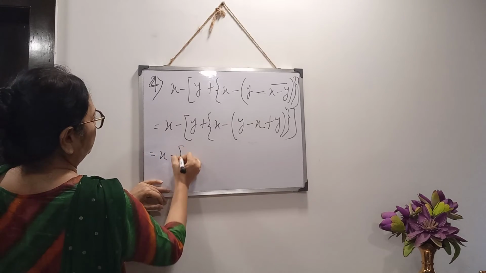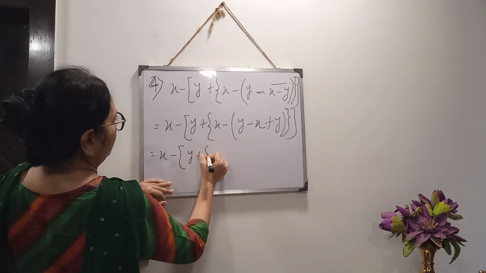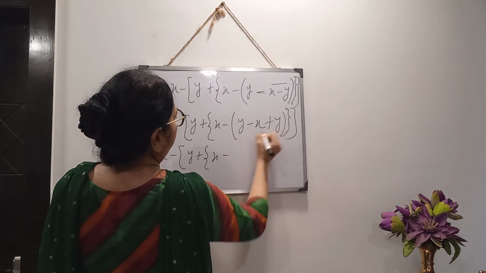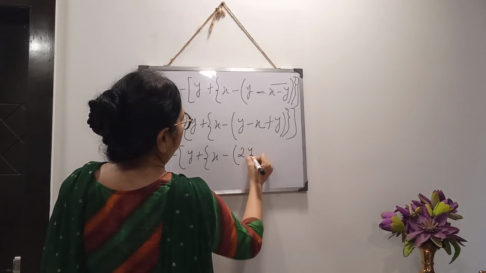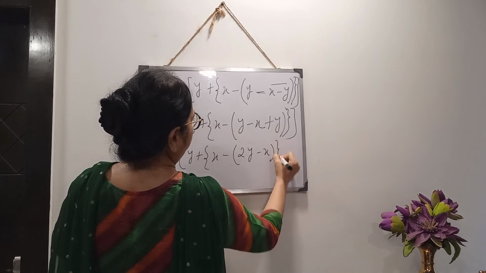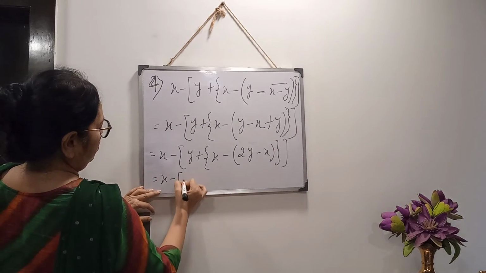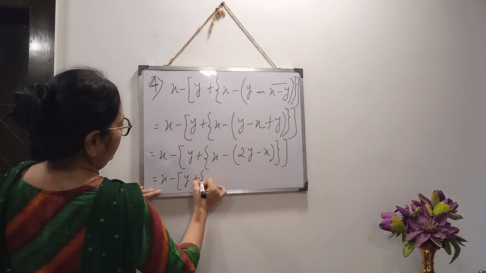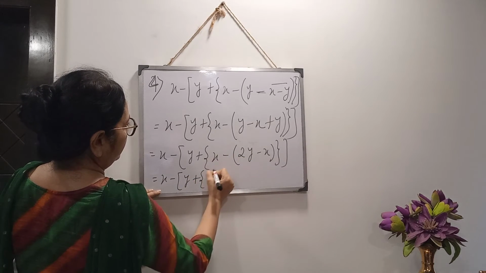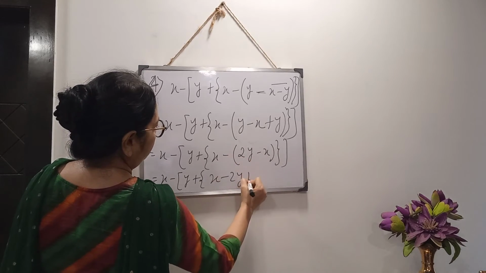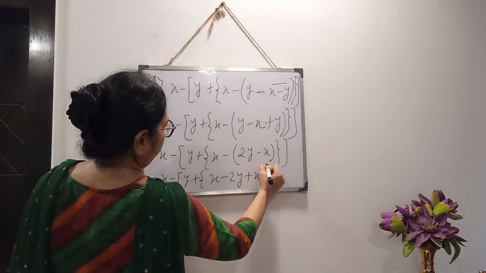Then nothing will be cancelled out here. y plus y, 2y minus x. Then operation of the first bracket. There is minus, and minus minus plus.